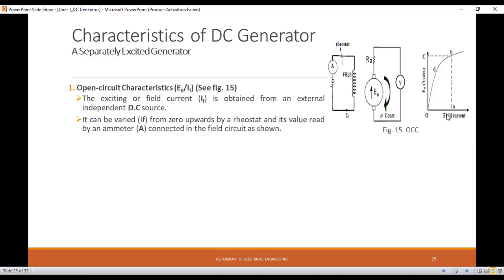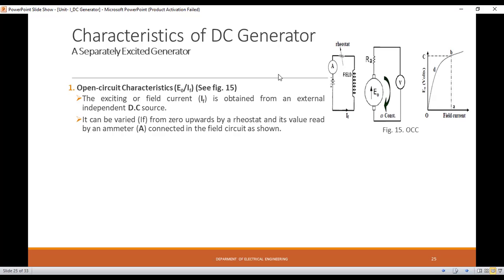After that, at point D, this curve deviates from the linear relationship. That means it changes the linear relationship, because the reluctance of the air gap as well as the reluctance of the iron core is taken into account.